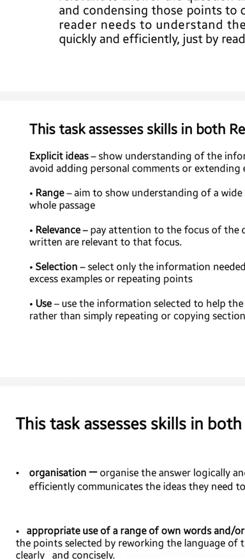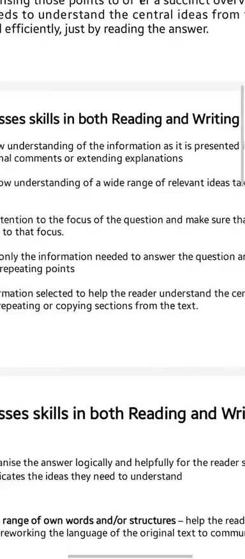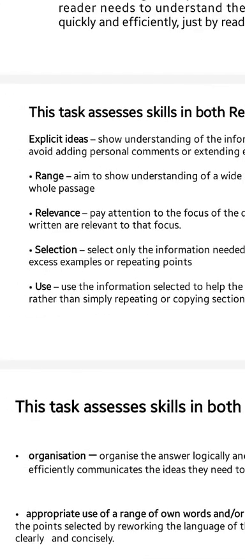Then relevance. For me, the most important thing in this summary writing is relevance. Pay attention to the focus of the question and make sure that the points written are relevant to that focus. Now, in the present format, the kind of summary we have is usually a one strand summary, right?